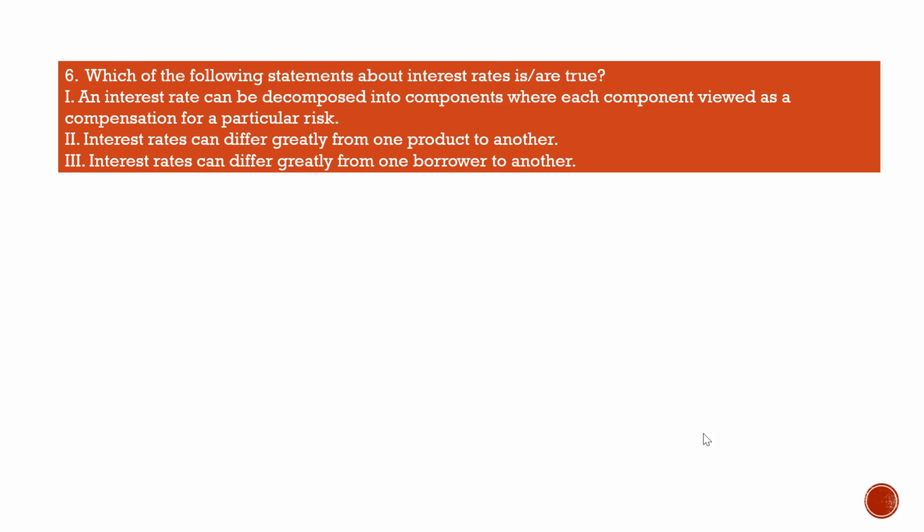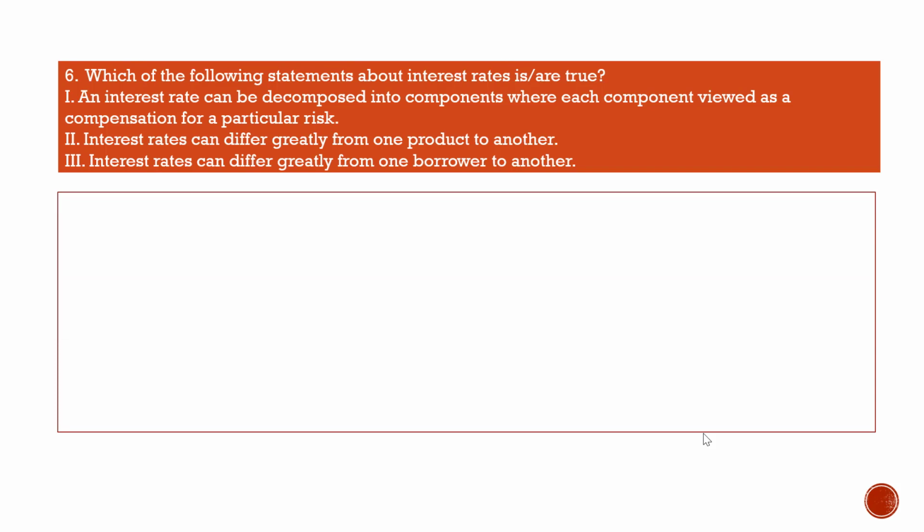The third statement, interest rates can differ greatly from one borrower to another. Yes, because the default rates of different people are different. Like for rich people, the probability that they default is lower than for poor people. So the solution is all of them are true.